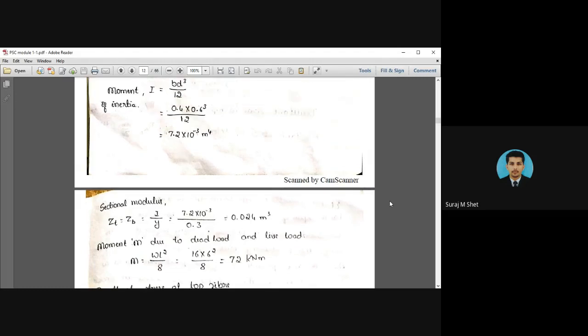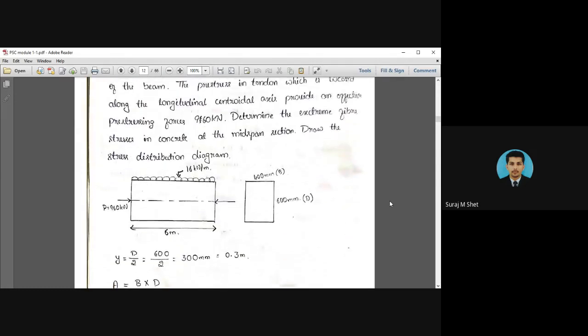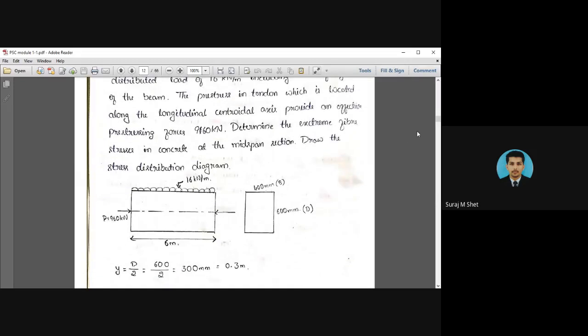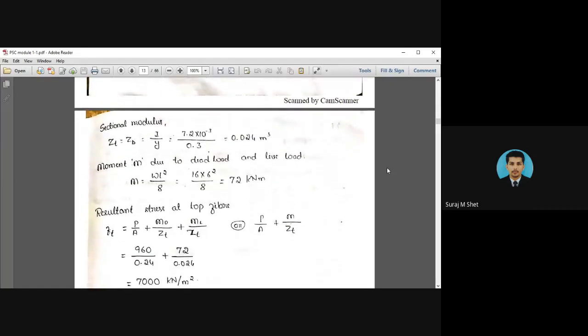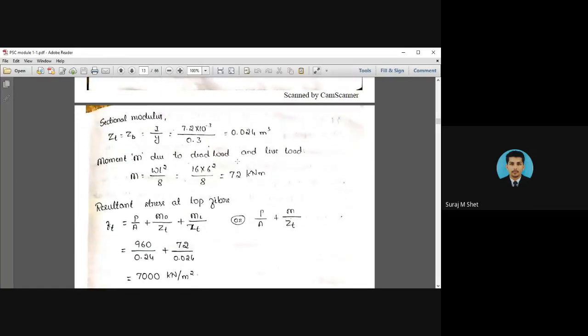In this problem, see here, don't get confused in the exam also. See here, we mentioned the uniformly distributed load 16 kilonewton per meter, including self weight. So they are mentioning including self weight. That's why moment is equal to dead load plus live load. So substitute the values.